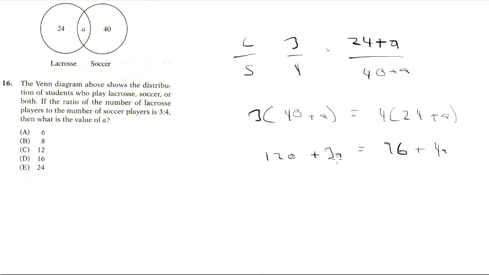We'll bring the smaller one over here so we don't get a negative, we get an A. And here we take the 96 over here. We have 24 is the answer.